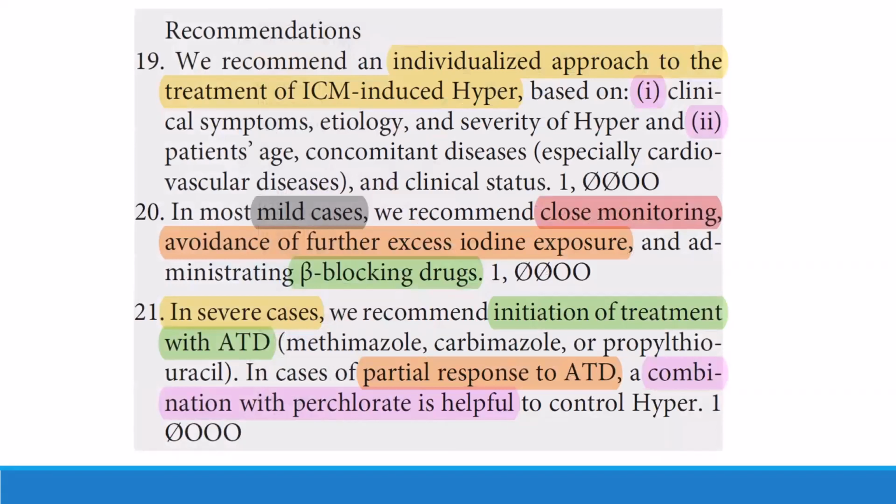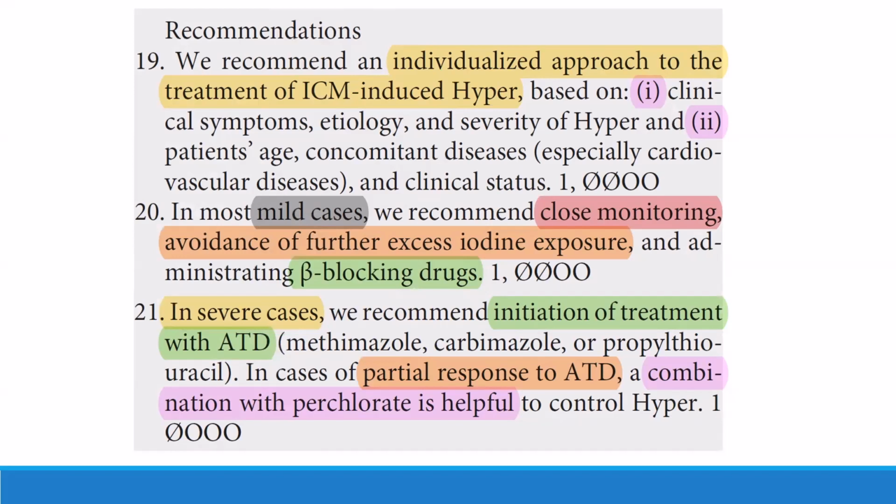And of course, we should individualize the approach to treatment of contrast-induced hyperthyroidism regarding clinical symptoms, etiology, severity, the patient's age, and concomitant disease like cardiovascular disease and clinical status. For mild cases, we recommend close monitoring, avoiding further excess iodine exposure, and giving a beta blocker.